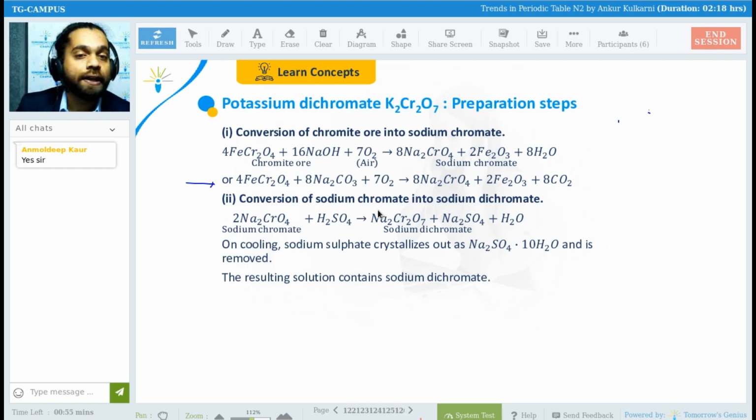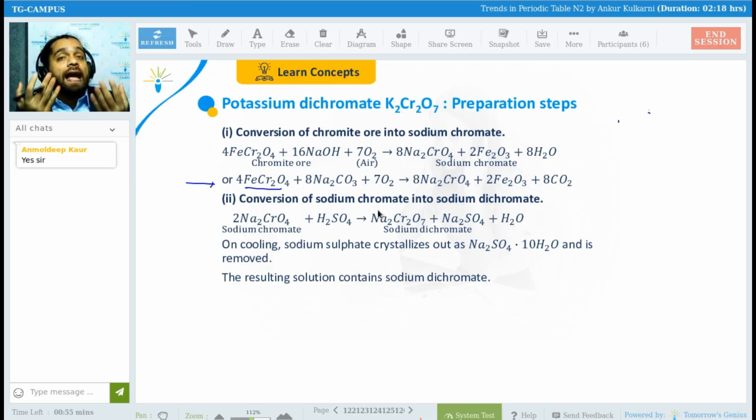Over here we are studying the preparation of potassium dichromate from the very basic, from the ore. We have taken chromite ore, FeCr₂O₄. Our compound is potassium dichromate, and we do not require Fe.